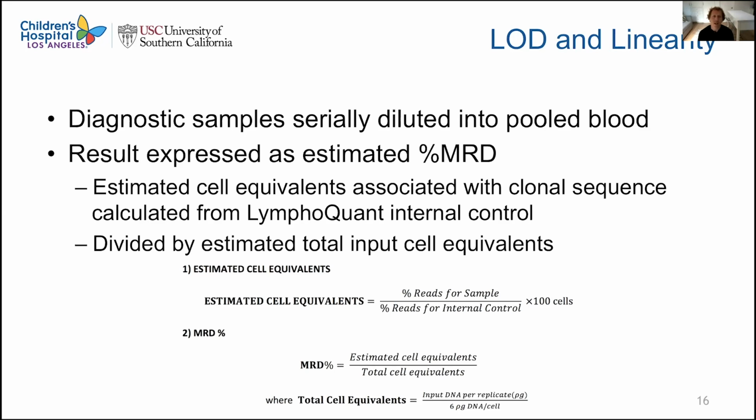And the way you do that is you first calculate the estimated cell equivalents based on the LymphoQuant internal control spike-in, which is equivalent to 100 cell equivalents of DNA with a rearrangement sequence that you spike in. And then you take the fraction of the estimated cell equivalents over the total cell equivalents. And there I see a small typo here. This should be times 100% to give you the estimated percent MRD.